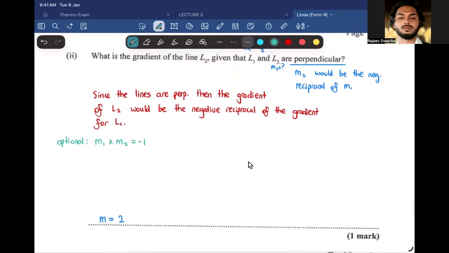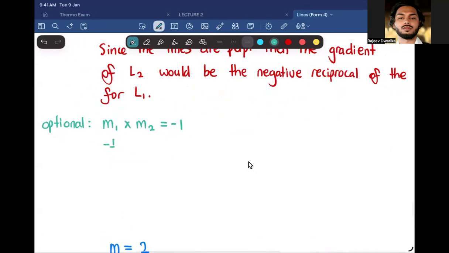And if we know M1 is negative a half, it would be negative a half by M2, equal to negative 1. Then you would divide both sides by negative a half to find M2. Now, dividing by negative a half becomes like multiplying by what? Remember how to go from division to multiplication?